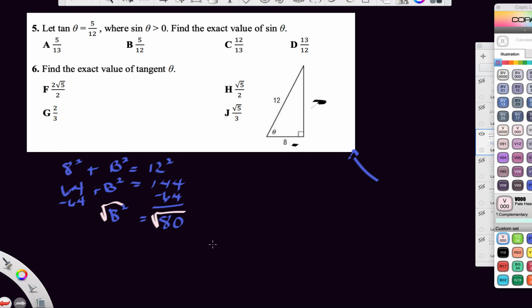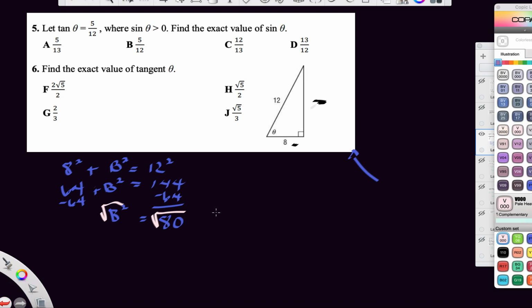Square root of 80. Oh my gosh. Let's see. 80 is root 5. That's fun. So we can take out a 4.